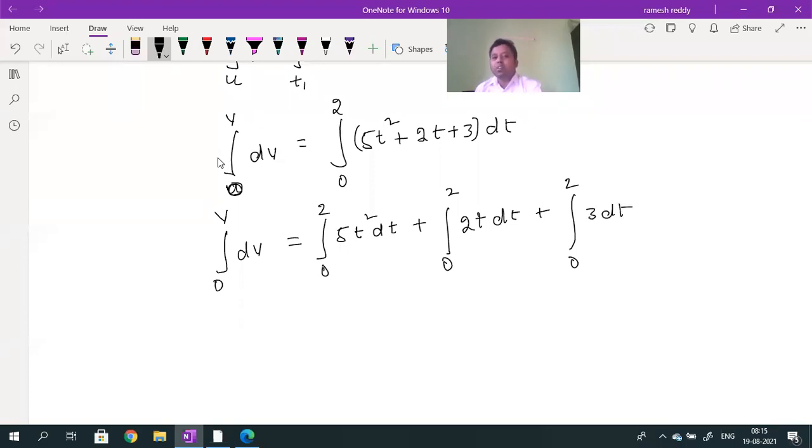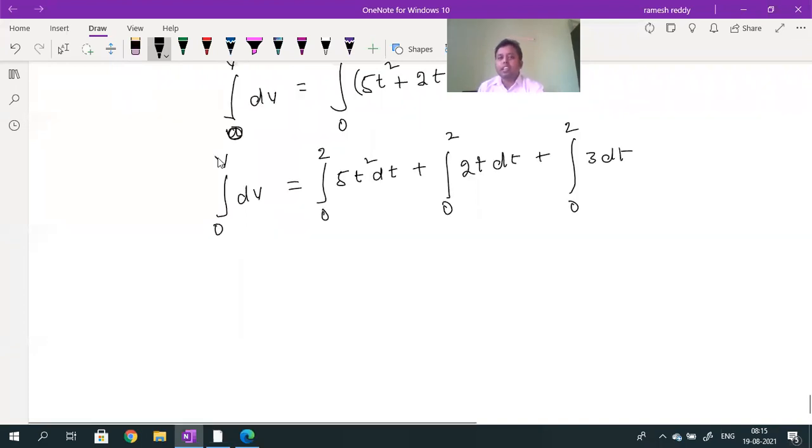So once you need to recall the formula, integration of dv limits 0 to v, 0 is the initial velocity, lower limit, and v is the upper limit, will be equal to, here I can write 5 outside because 5 is a constant.